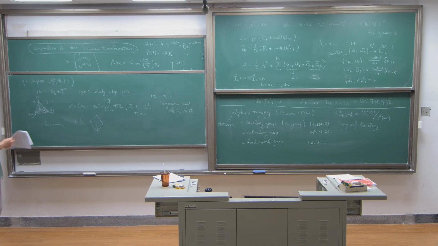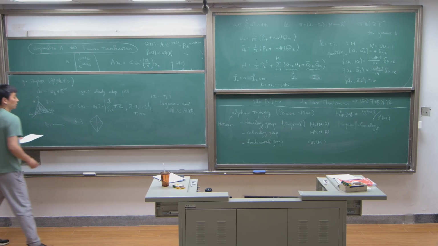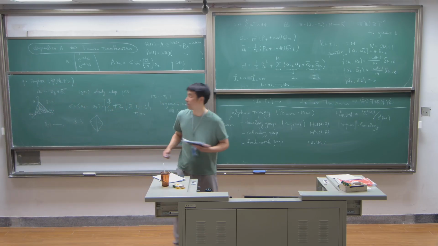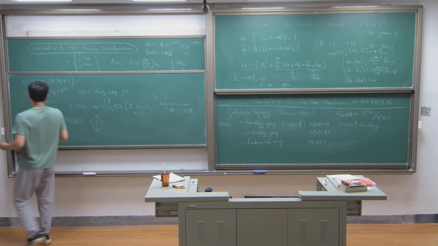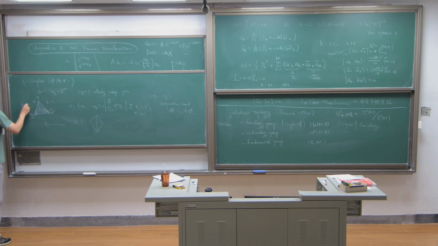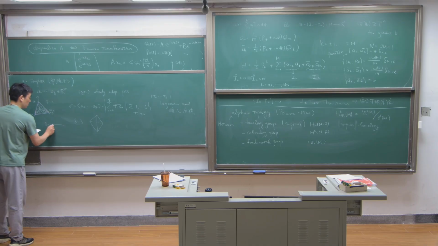And the boundary of this one: what's the boundary? For instance, the boundary of this one is something like this. So this purple part is the boundary of sigma.